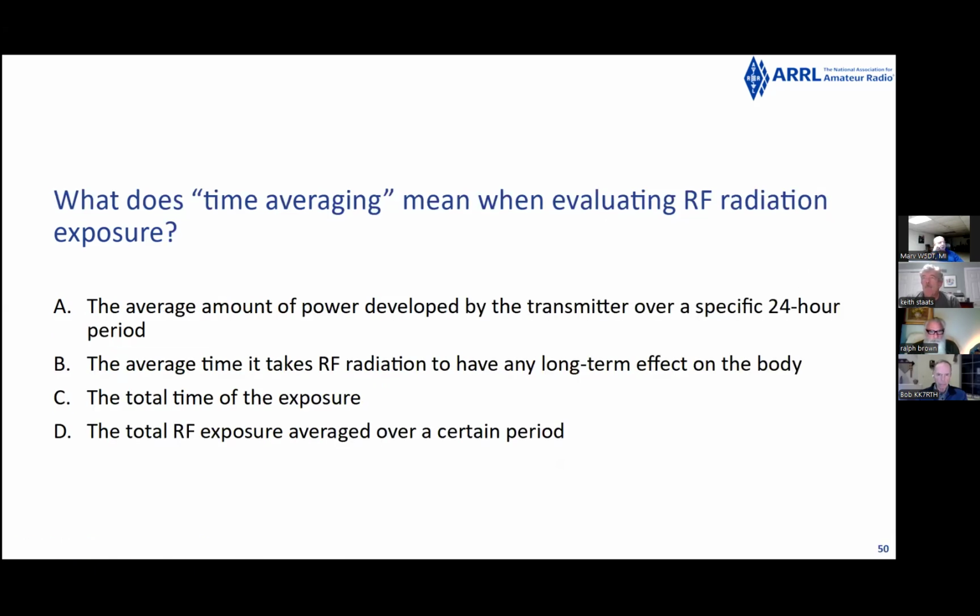What does time averaging mean when evaluating RF radiation exposure? The average amount of power developed by the transmitter over a specific 24-hour period. The average time it takes RF radiation to have any long-term effect on the body. The total time of the exposure. The total RF exposure averaged over a certain period. D, yep. Total RF exposure averaged over a certain period.